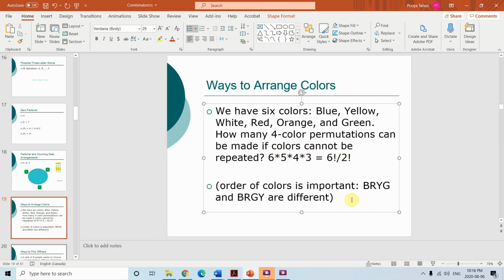This shows that the order of the colors is important, so blue, red, yellow, green is different from blue, red, green, yellow. It also says there is no repetition, so we can't have blue, blue, blue, blue.